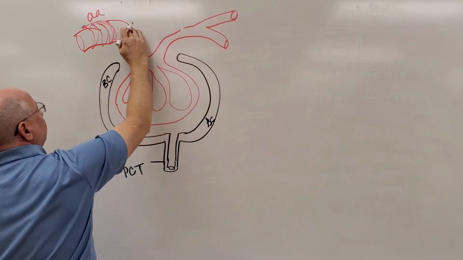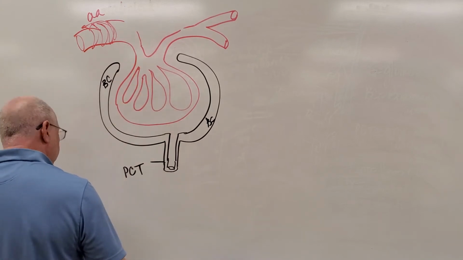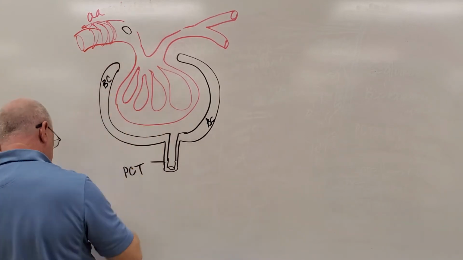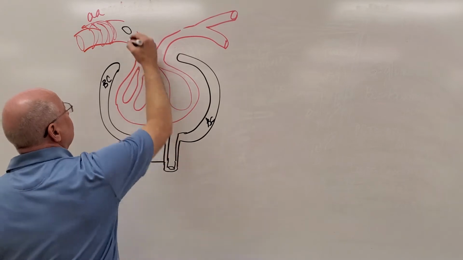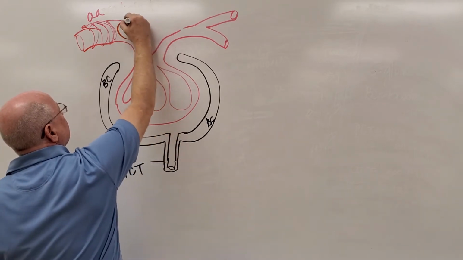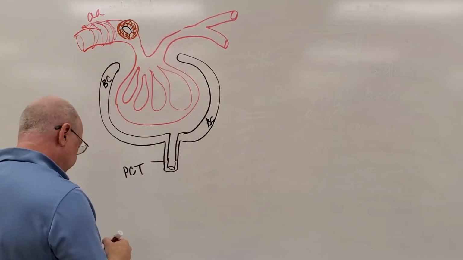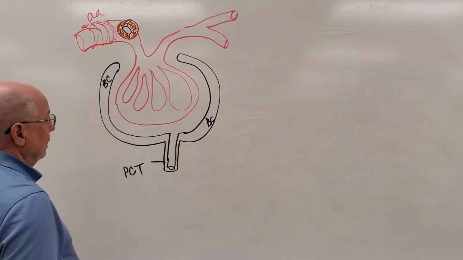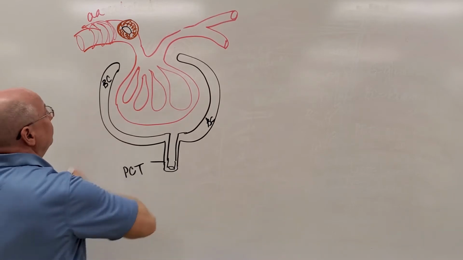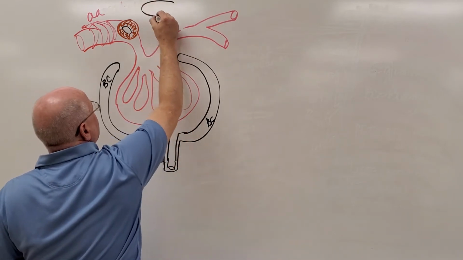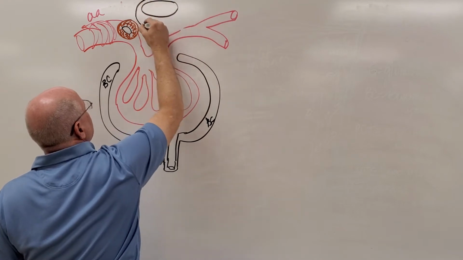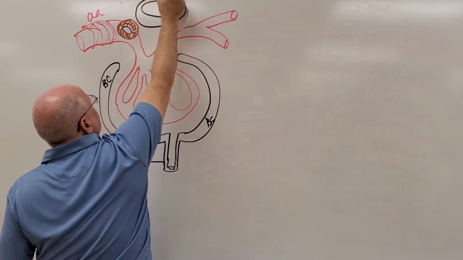And on this model, they cut a section out here where there's kind of an opening, and there's these tan-looking cells on here. And finally on the model, you're going to see a piece of the distal convoluted tubule.